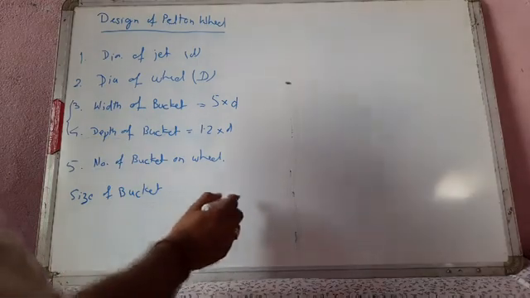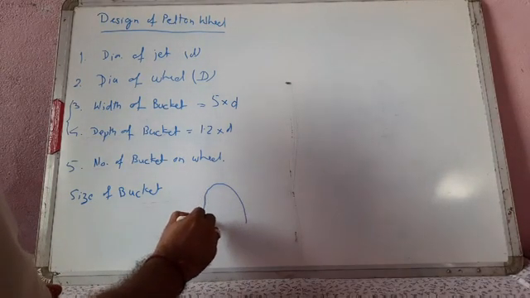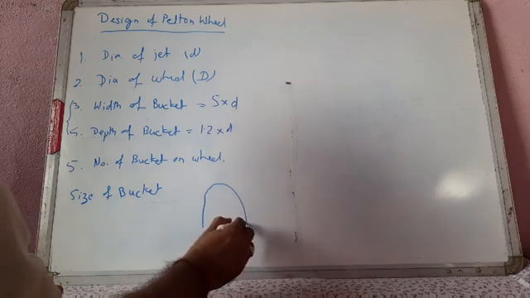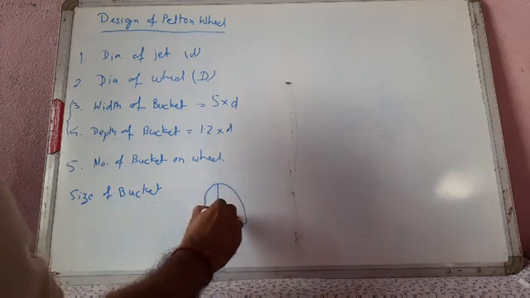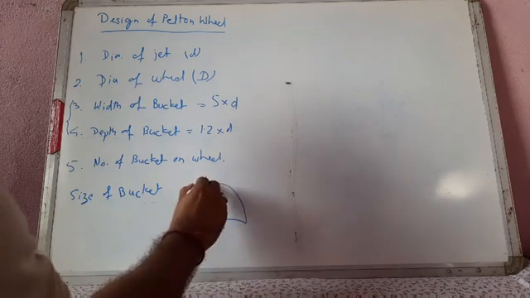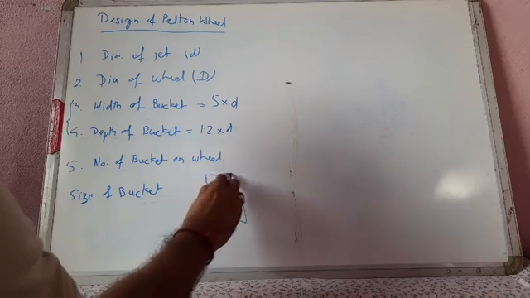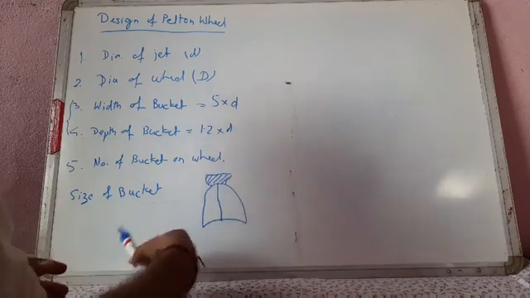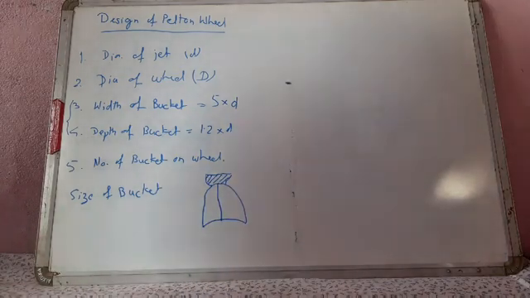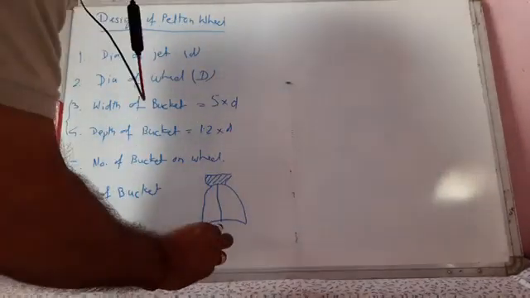As we have discussed earlier, the type of bucket is double spoon type. This has been fixed on the runner, and the center is like this. This is the center point here.